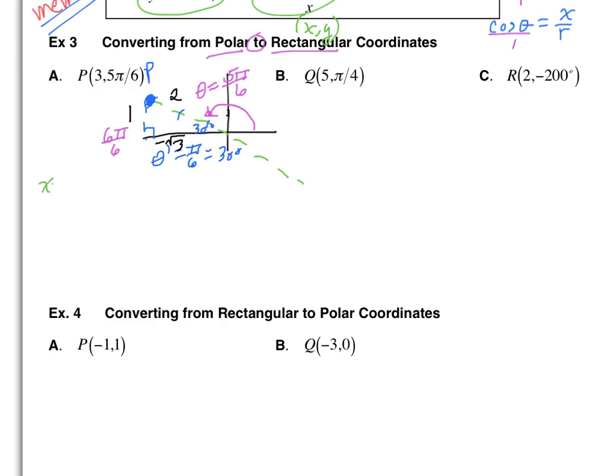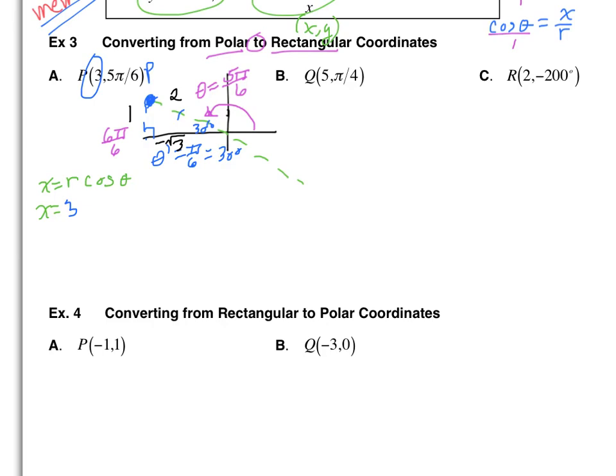So x is equal to r times the cosine of theta. Well, I know r. R is equal to 3, because there's r right there in my polar coordinate.